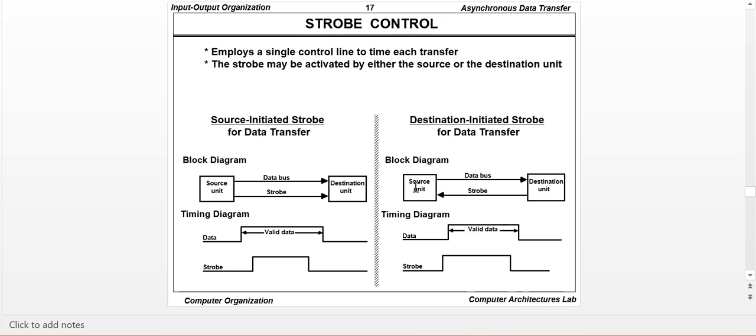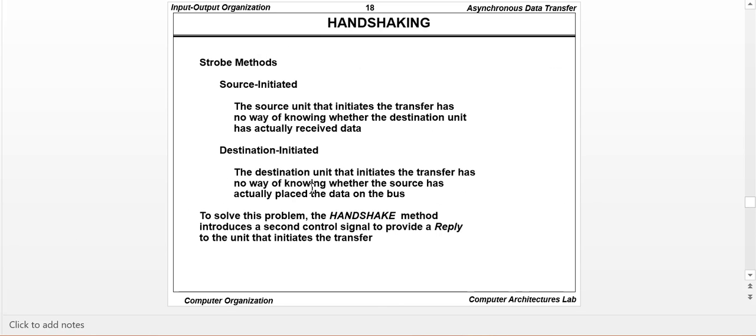But the source will place a valid data, and there is no way for the destination to know whether the source has placed valid data in the data bus. This is because there is only one signal, the strobe signal, a single control line in this method. So this is the drawback of strobe methods, whether it is source initiated or destination initiated.